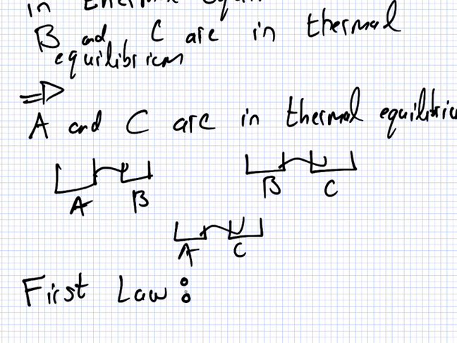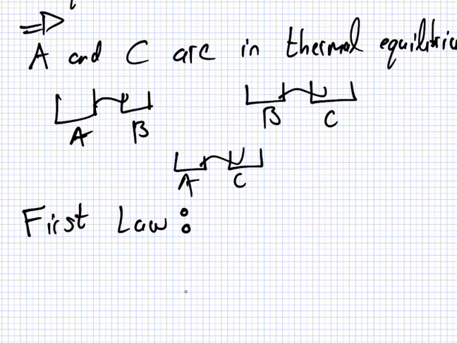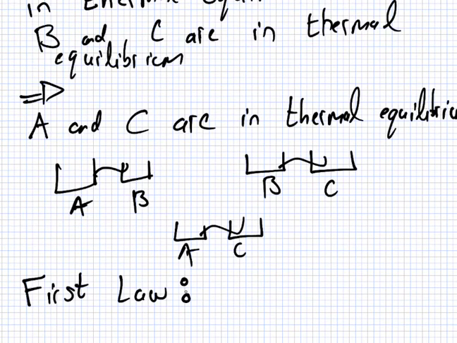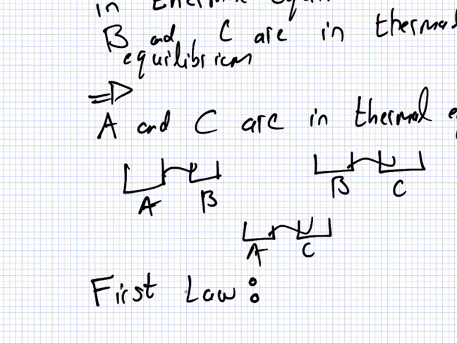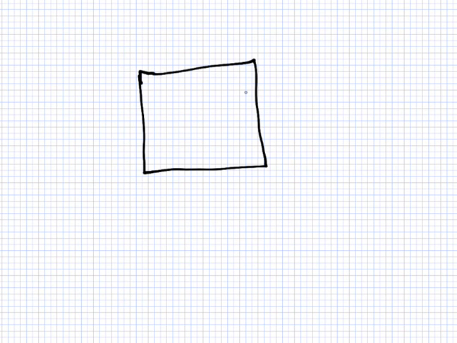Okay, so I just need to explain some terms here. Okay, sorry. Can I go to the side? Yeah. So just to give you some terms here, you have some system here. Could be anything, a car, truck, whatever.